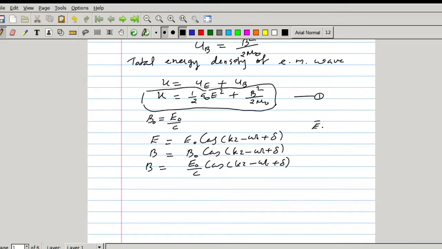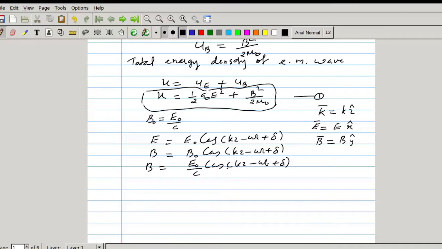The electric field intensity vector E we have taken along the x direction. The direction of propagation is along the z direction, and the electric field intensity is along the x direction. We have taken the magnetic field along the y direction.